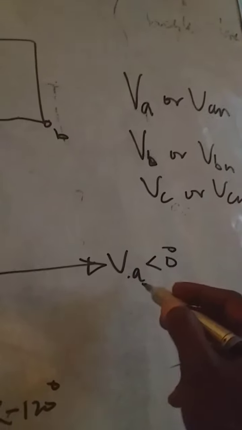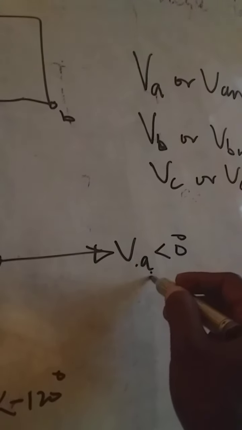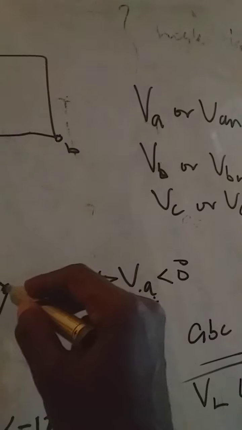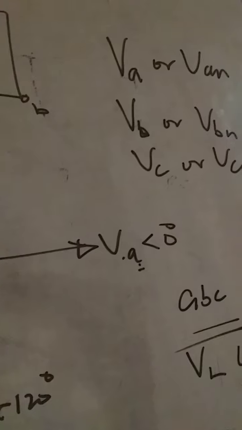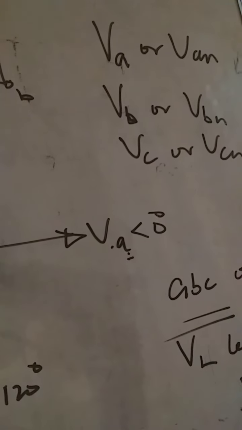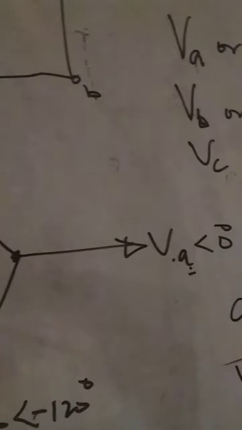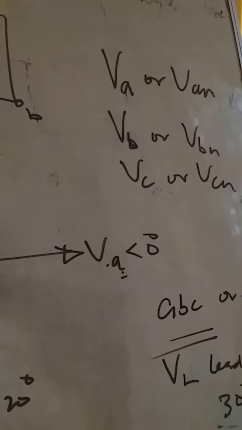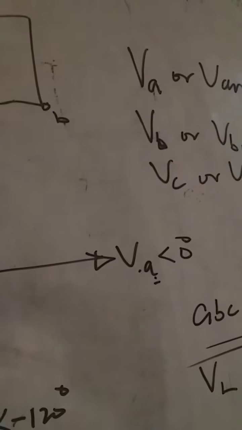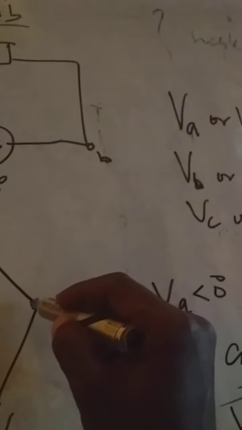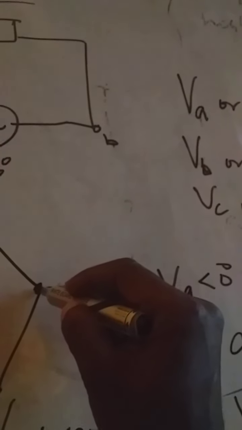So what is the line voltage here, for VA? VAB, because it normally follows AB, BC, and CA. Right. That is the positive notation. So our VAB is the line voltage for this, and it leads this by 30 degrees.